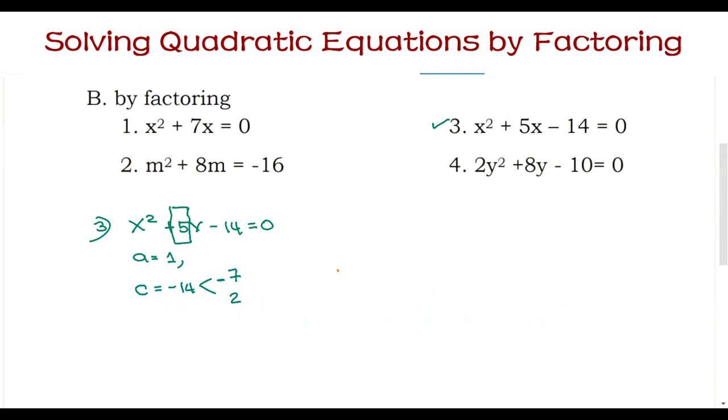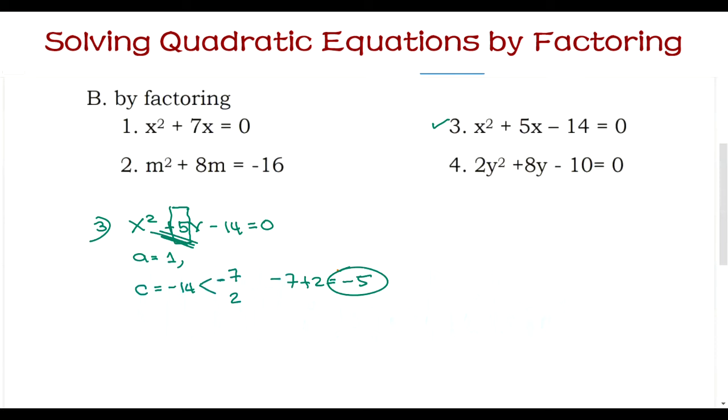Negative 7 times 2, the answer is negative 14. Okay? But, if you add them, yung negative 7, check natin. Negative 7 plus 2, what is the answer? Negative 5. Anong kailangan natin dito? Positive 5. Yeah? So, mali yung signs natin dito.